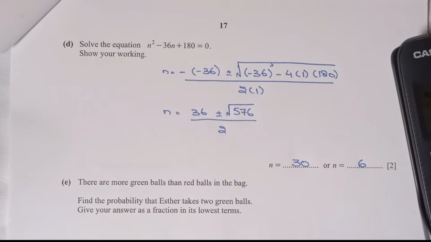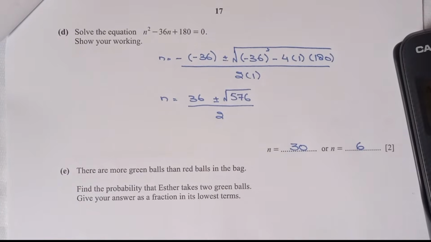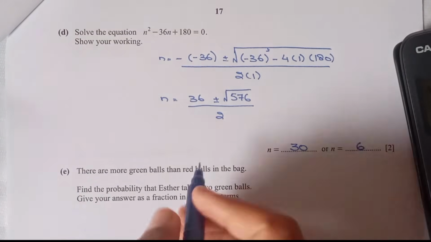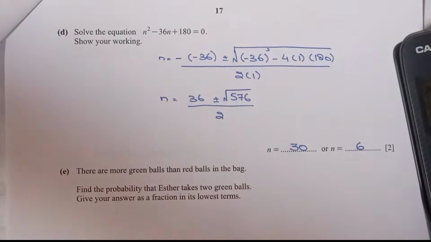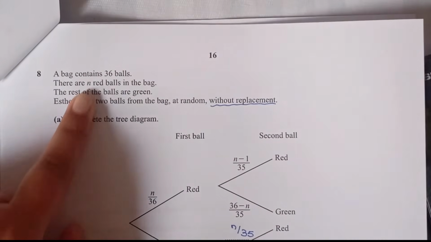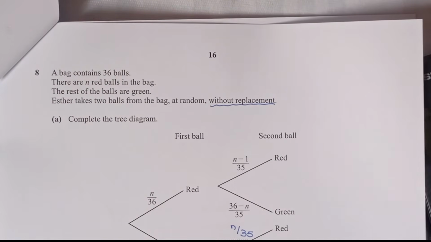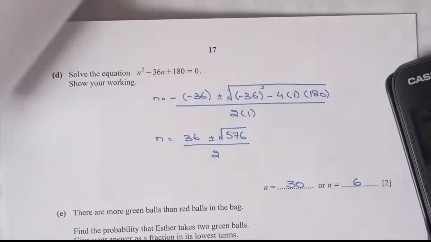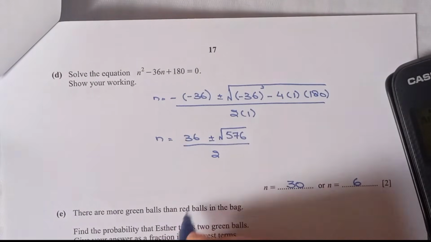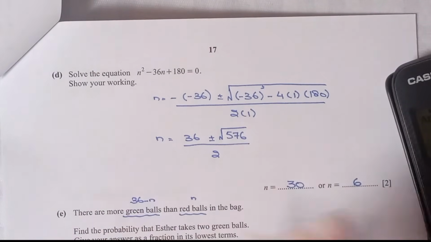Now for part E, there are more green balls than red balls in a bag. From the question, we know that the red balls are n and the rest of the balls are green. So the red balls are n and the green balls are 36 minus n, right?